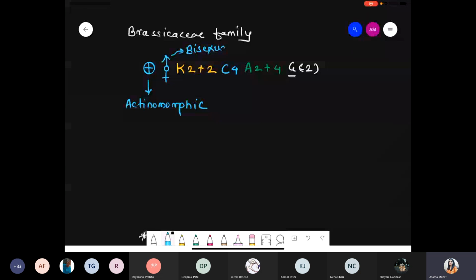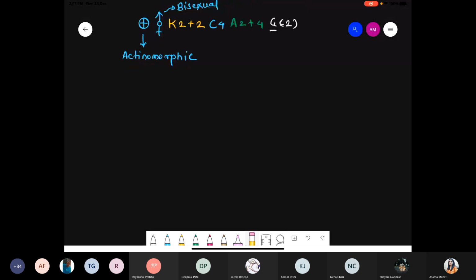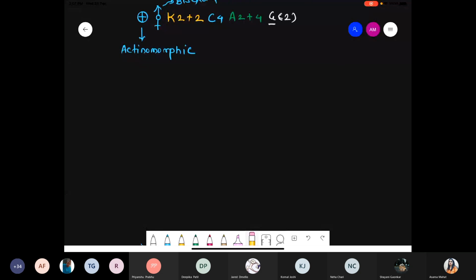Now we try to understand the meaning of the K. In the case of K, we are talking about K2 plus 2. The total means we have to draw a total of 4 sepals, because K represents the sepals.